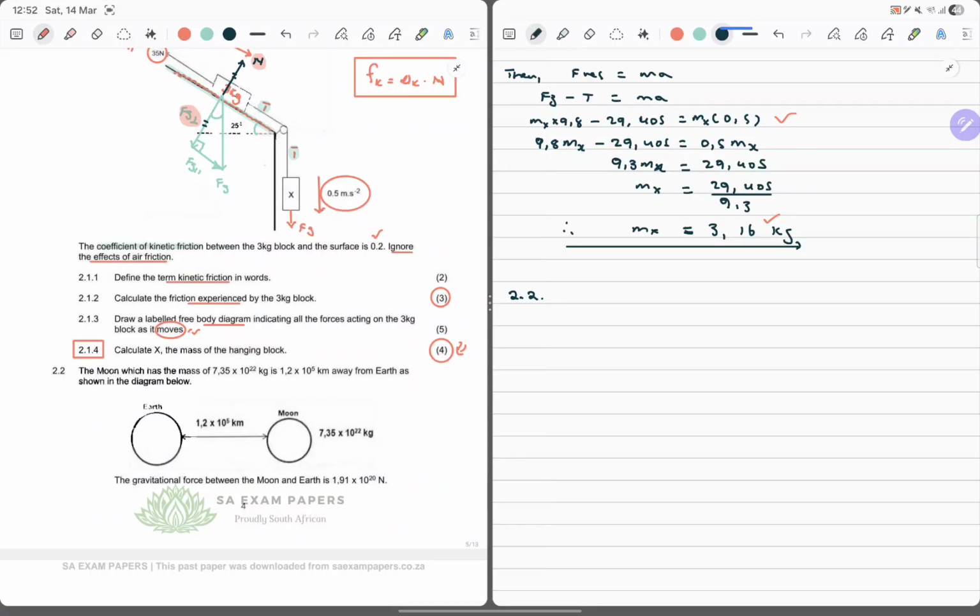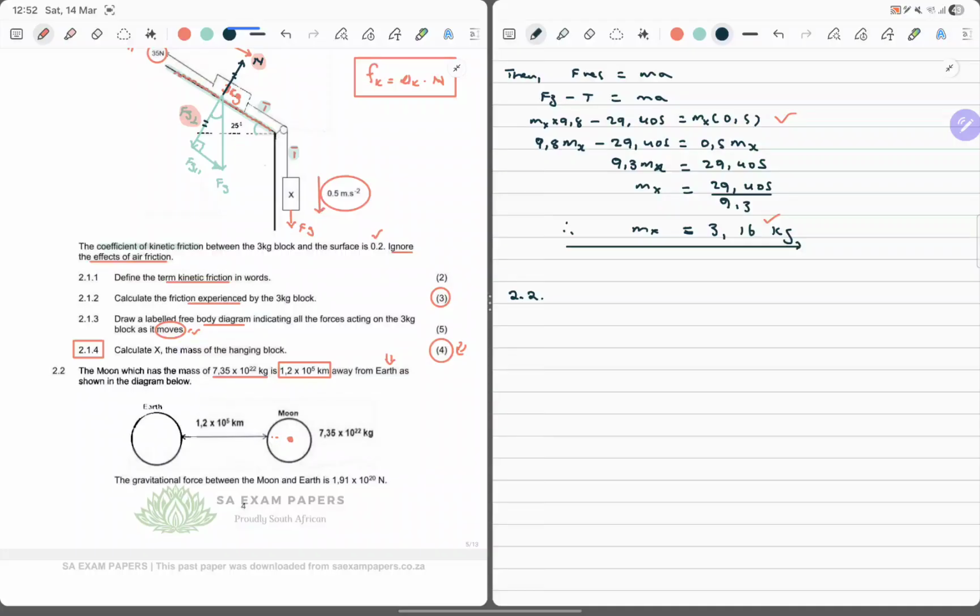2.2 says the moon, which has the mass 7,35 times 10 to the 22 kilograms, is 1,2 times 10 to the 5 kilometers away from the Earth, as shown in the diagram. Right, as you can see, this is surface to surface, right? But the moon must have some radius, isn't it?